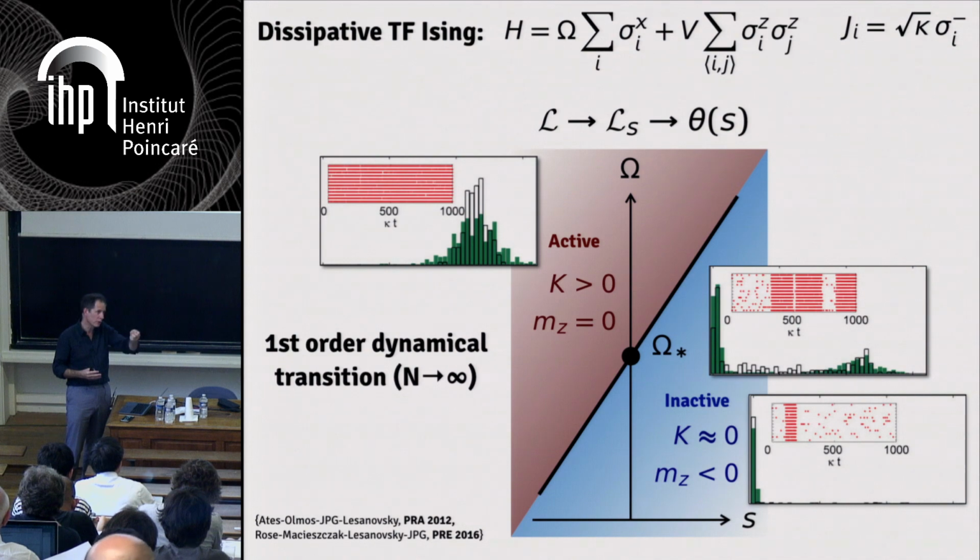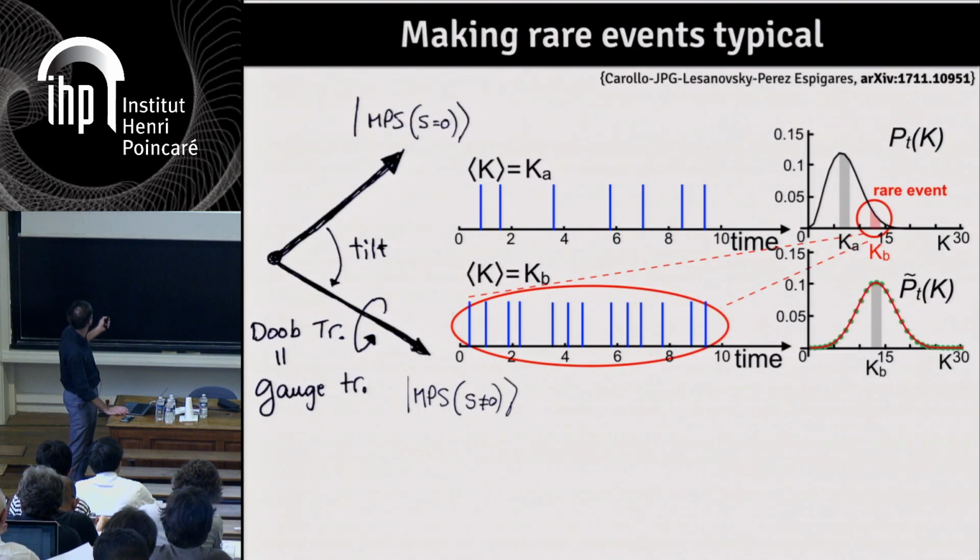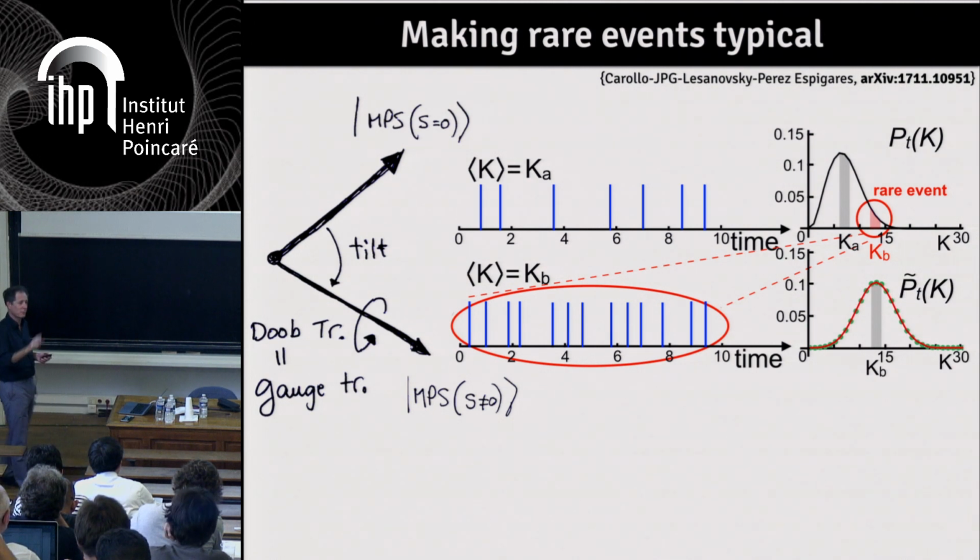And in that case, you can drive it in the way I described with this so-called generalized Doob transformation to be of that kind. I think first-order transitions are more interesting, but both exist. The whole slew of things you have in thermodynamics, you have here.